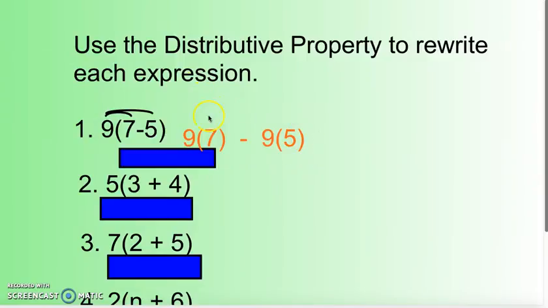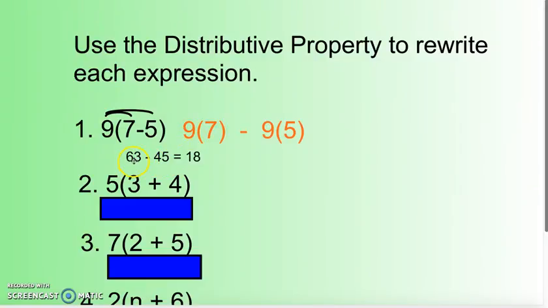Now, we can't leave this expression the way it is, because we can actually do something with this 9 and 7. Remember what happens when you have a number next to another number and there's parentheses between them. Yeah, it means multiplication. So we're going to actually multiply them out. So 9 times 7 is 63, and 9 times 5 is 45. So we're going to do 63 minus 45, which equals 18.